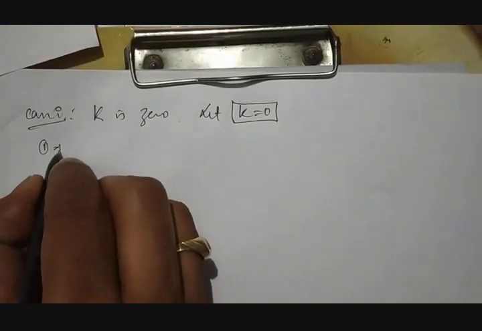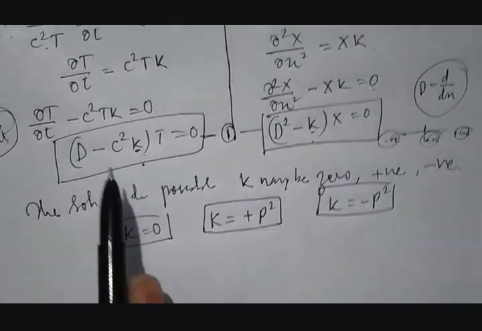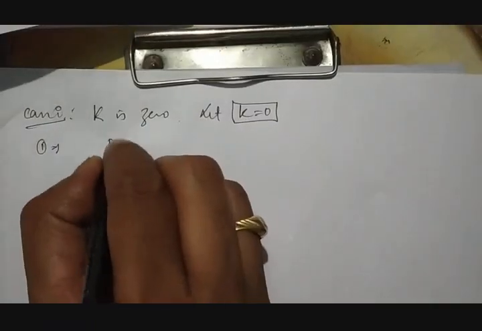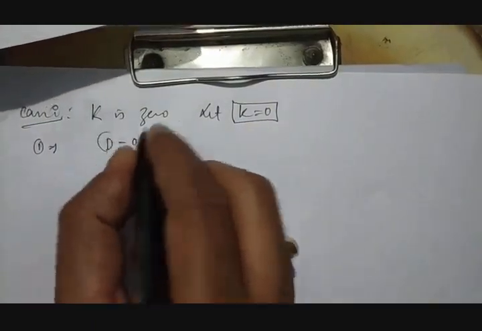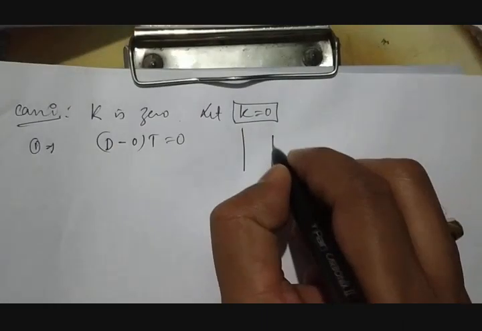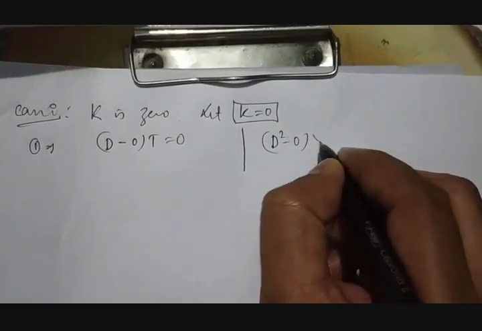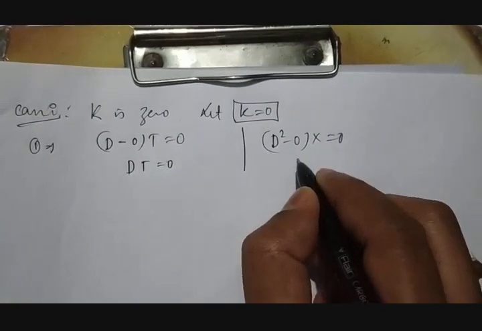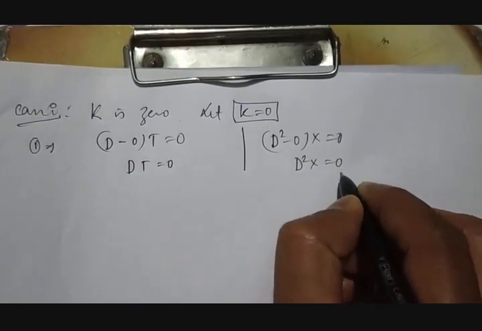Therefore, equation number 1 gives D minus c square k, but k is 0. So it becomes D minus 0 of t is equal to 0, and D square minus 0 of x is equal to 0. Therefore, Dt is equal to 0 and D square x is equal to 0.